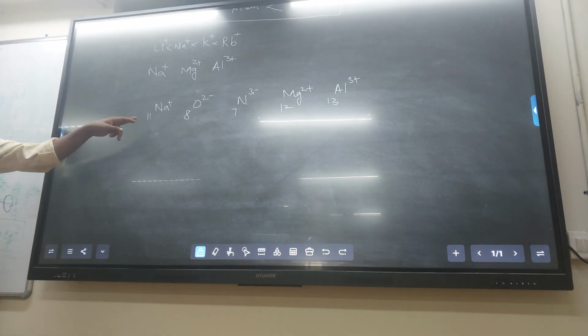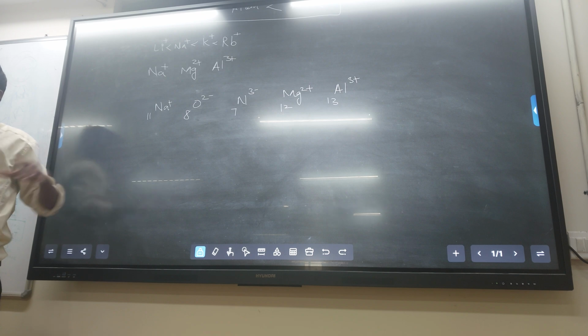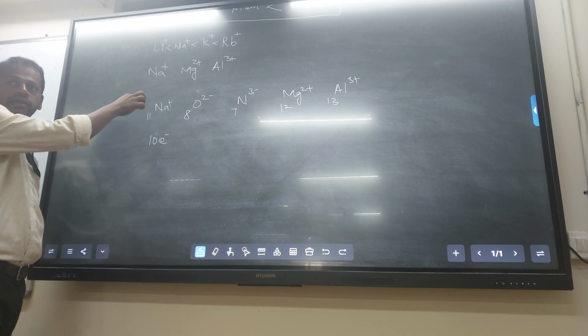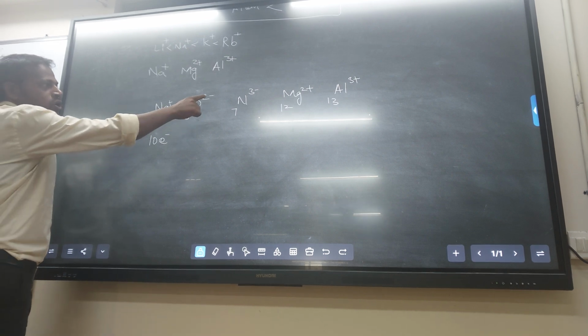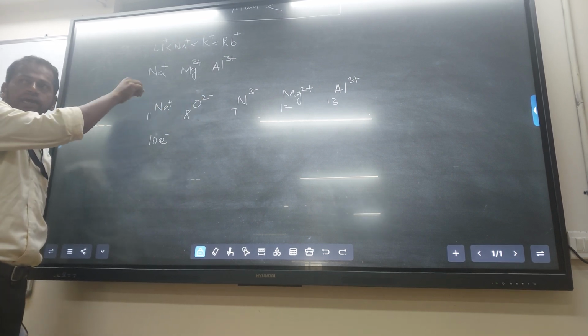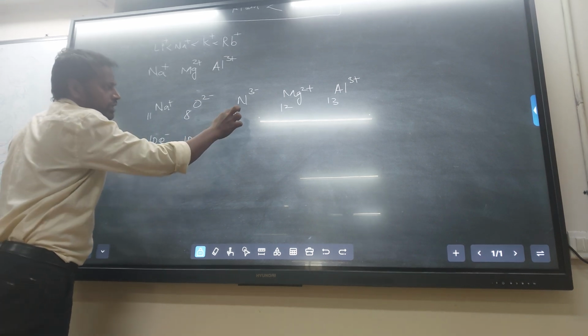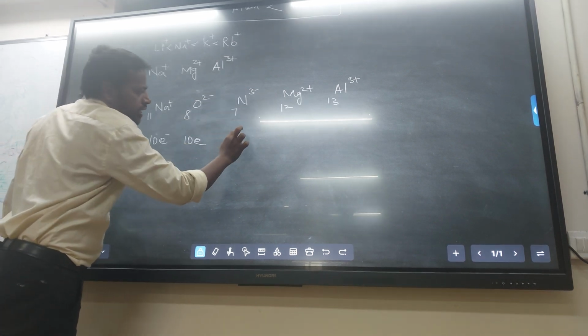Sodium has atomic number 11, plus means we remove 1 electron from the atom, therefore 10 electrons. Nitrogen also has 10 electrons: 7 plus 3 is 10. Oxygen 2 minus means we add electrons to the oxygen, therefore 8 plus 2, 10 electrons.